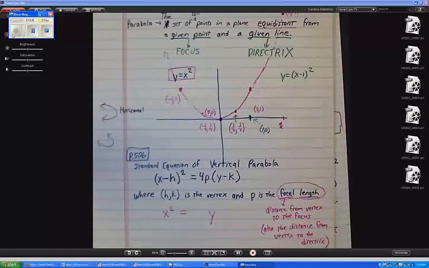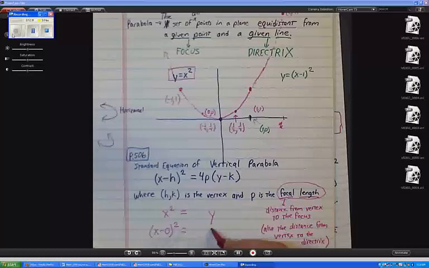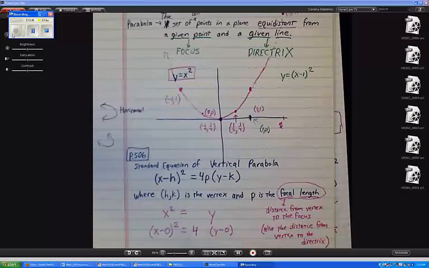That didn't help. What I mean is, what are h and k in this problem? So it's (x minus 0) squared equals, and then over here I have y minus 0. Oh, that's very interesting, because we're also supposed to have a 4 here, and we're also supposed to have this focal length p here.